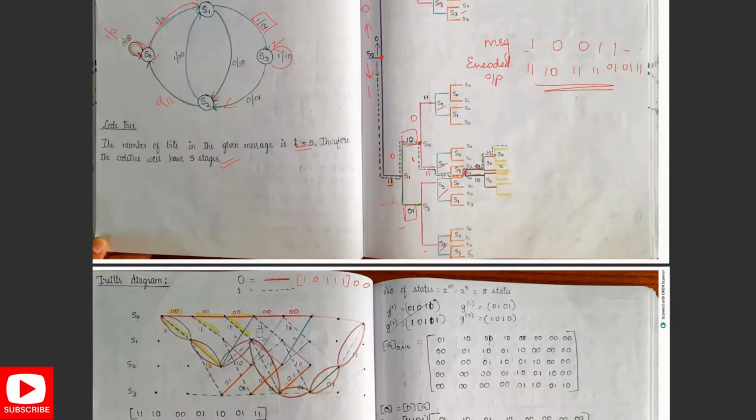Now S1 is mapped to 1, to S3, with the value 0, 1. So I will draw a dotted line as 1 to S3 with a value of 0, 1.